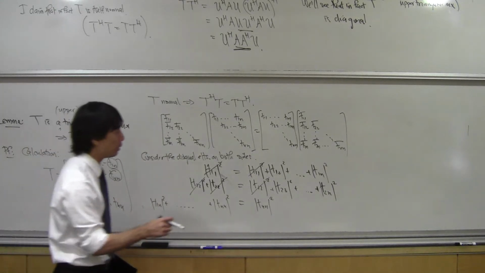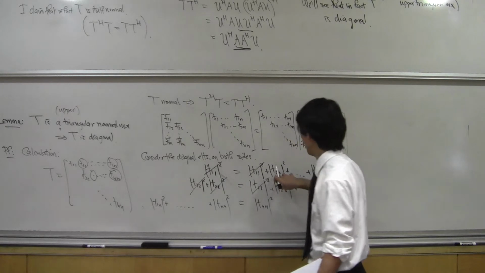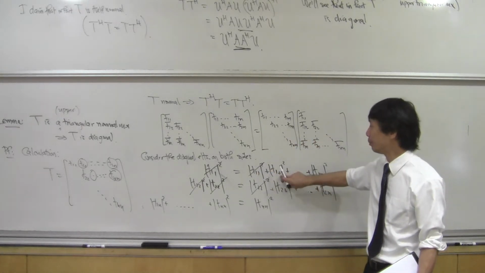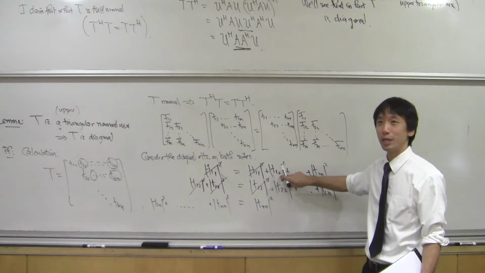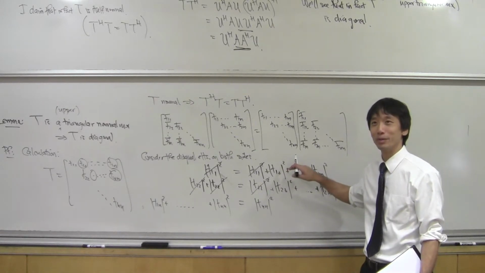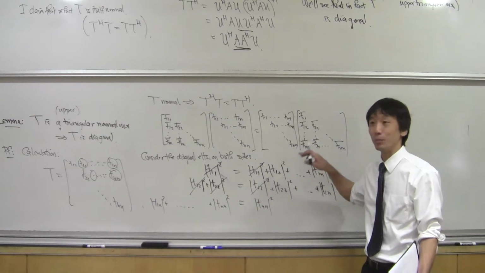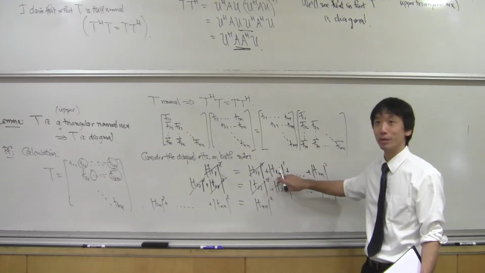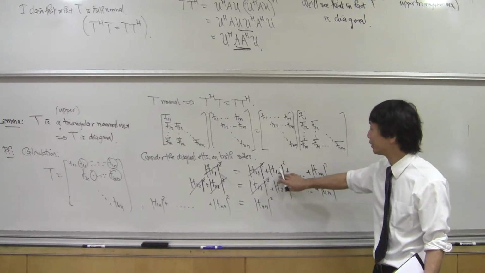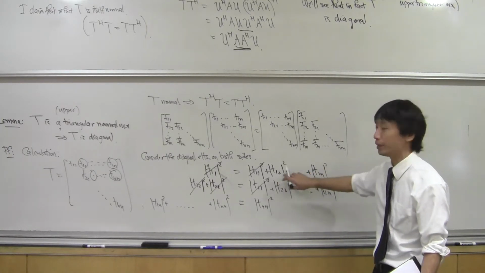Well, because the sums of the squares of their moduli is equal to 0. The moduli are all non-negative numbers. A bunch of non-negative numbers that add to 0 must all be zeros. So these numbers are all zeros.